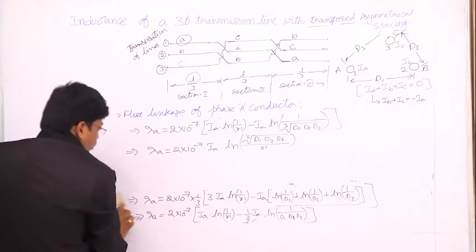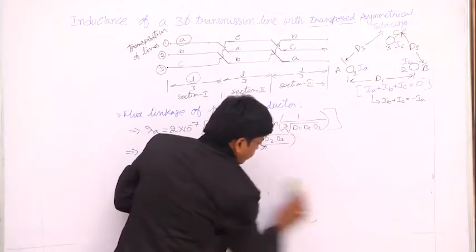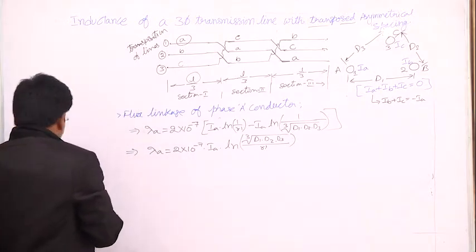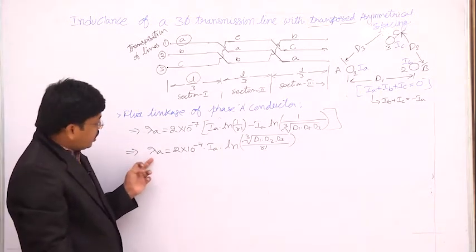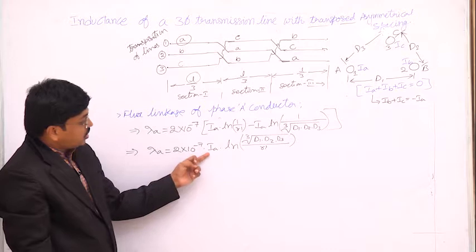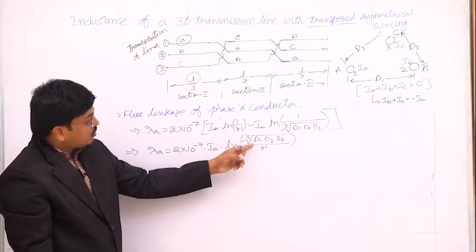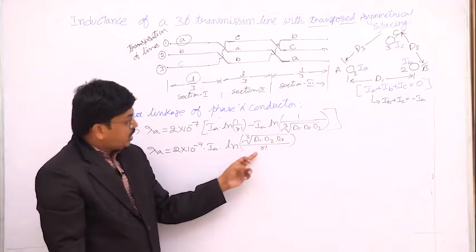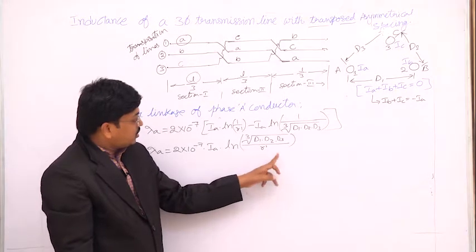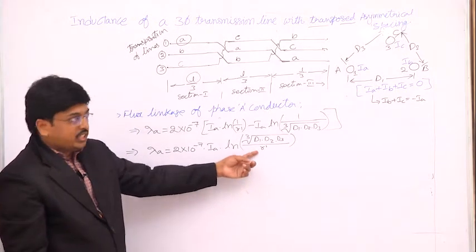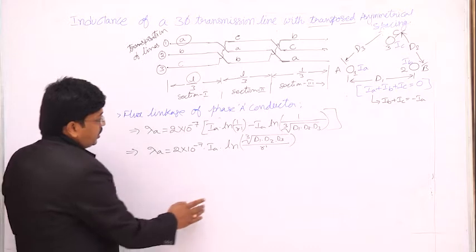Okay. So this is the value of flux linkage of conductor A, that is lambda equivalent to 2 into 10 power minus 7 into IA into logarithm of cube root of D1, D2, D3 by R dash, where R dash is the fictitious radius of each conductor.